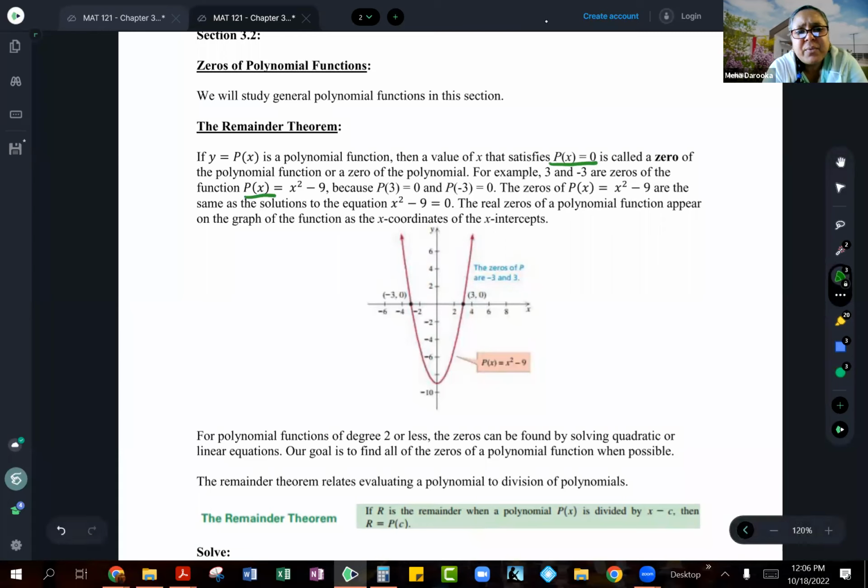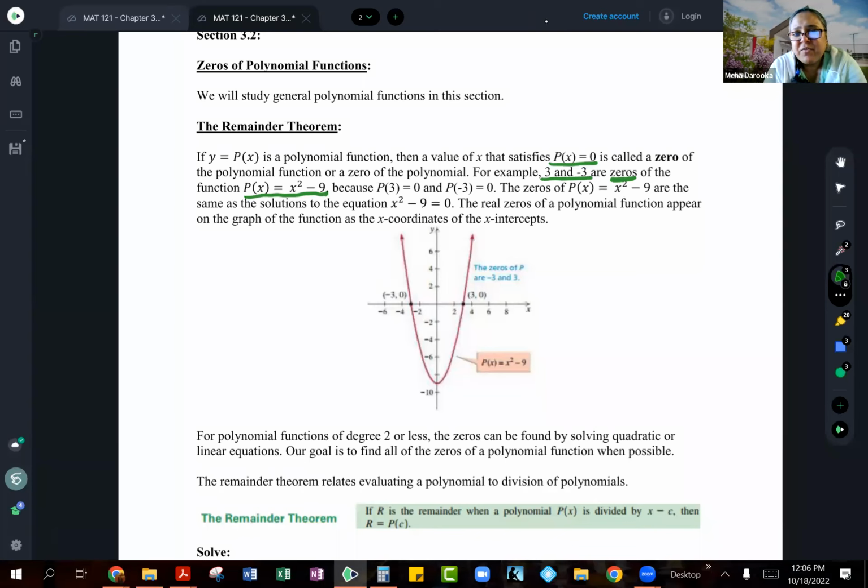So if you look at an equation like this, p of x is equal to x squared minus 9, when we solve that equation, set it equal to 0, you are going to end up getting the two answers, which would be positive 3 and negative 3. So we can use factoring to solve this. We can use the square root property to solve this because it's a quadratic equation. You can use any of those methods. So 3 and negative 3 end up becoming the zeros of this polynomial.